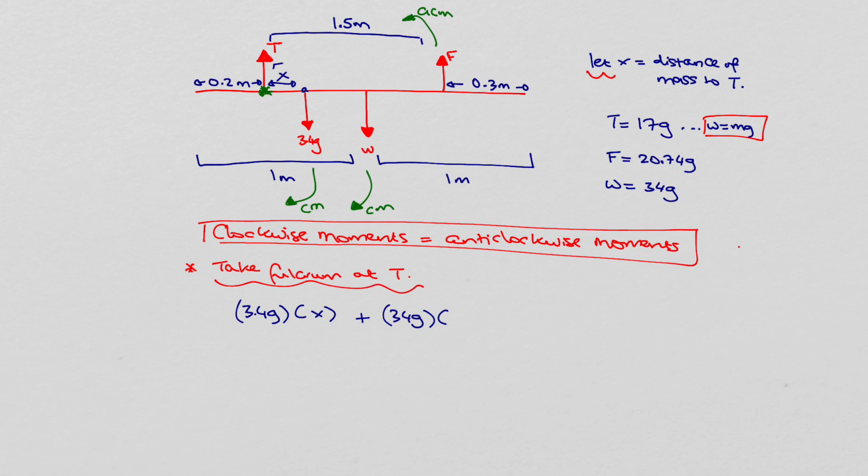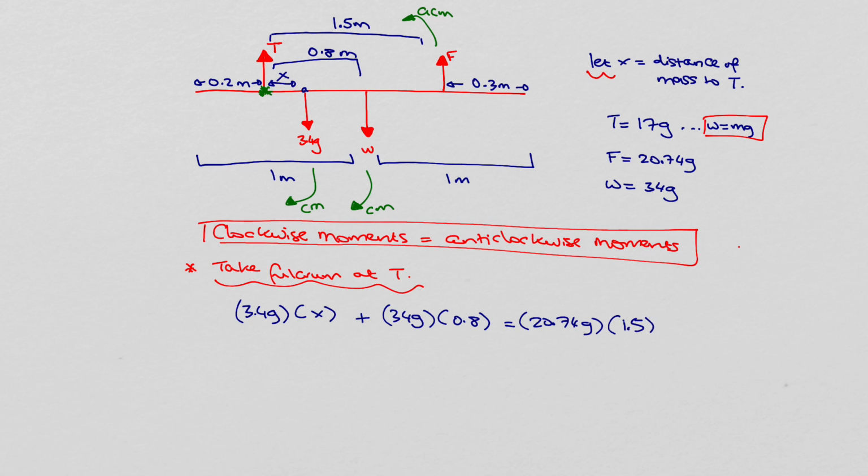In other words, it has to be 0.8 of a meter, because 0.2 plus 0.8 is 1, which is the halfway position along the rod. In other words, the centre of gravity of the rod. So therefore, that's going to be 0.8. And that must equal our anti-clockwise moments, which is the force F. So that's going to be 20.74g, so mass times gravity, times the perpendicular distance from F to T, which we said was 1.5.